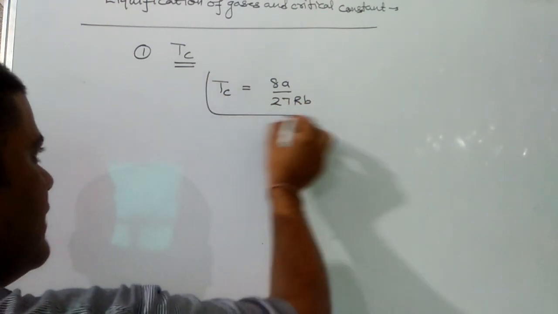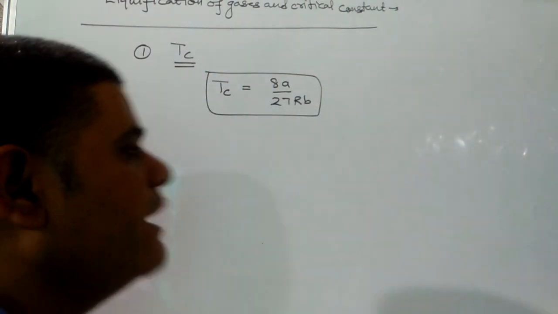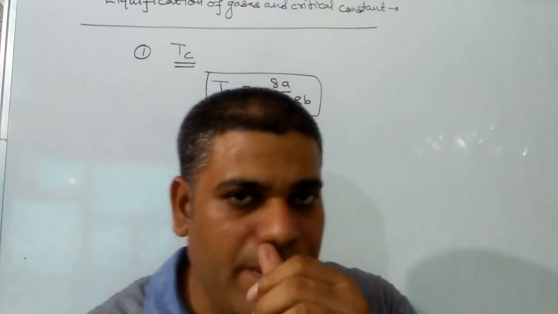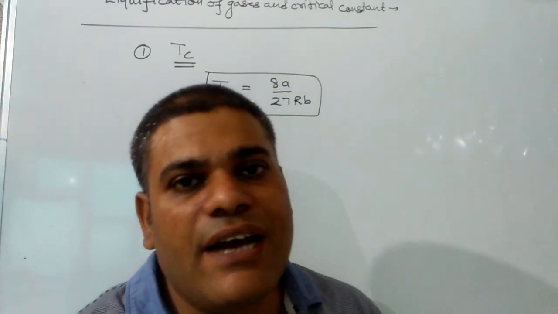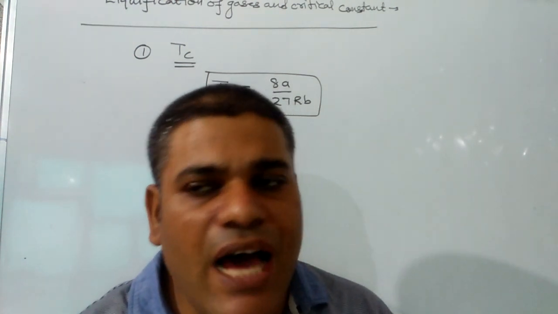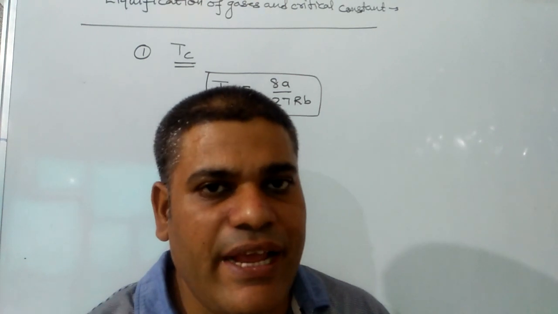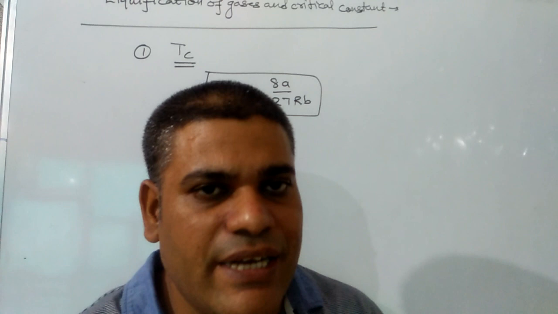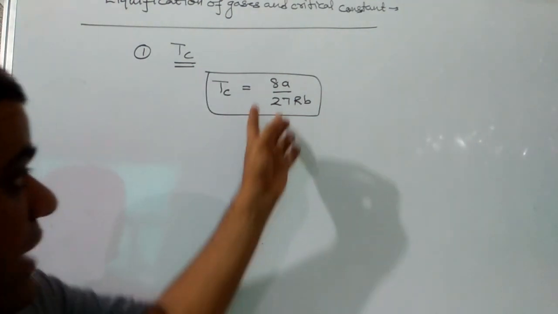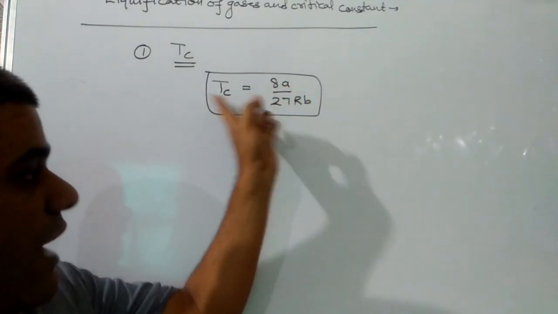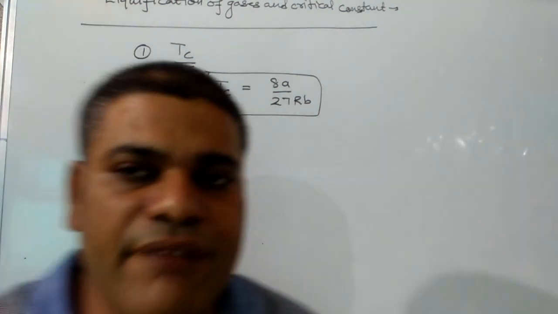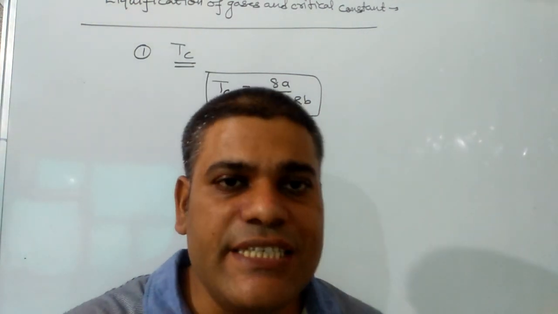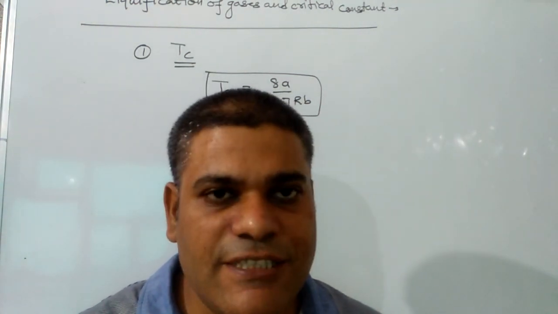The critical temperature should be equal to 8a upon 27Rb, where a and b are the van der Waals gas constants, and R is the universal gas constant. From this we get the impression: higher a, higher Tc. So the higher the critical temperature, the easier the liquefaction of the gas.